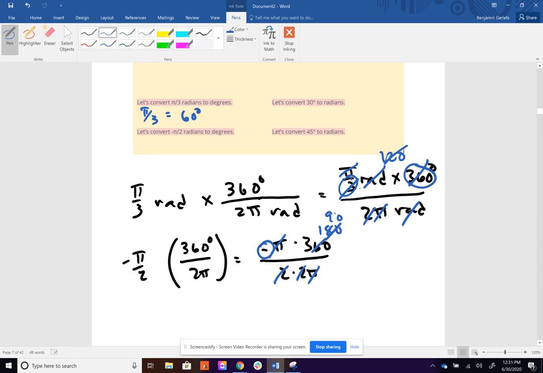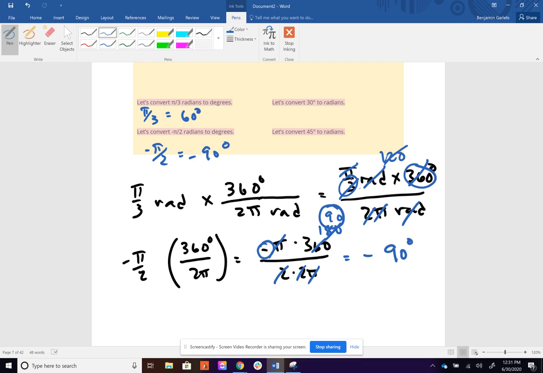So I get negative 90 degrees. So I see that negative pi over 2 is the same as negative 90 degrees. Remember that negative just means we go counterclockwise.